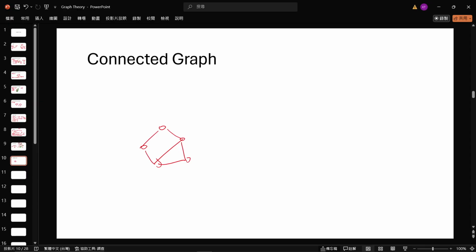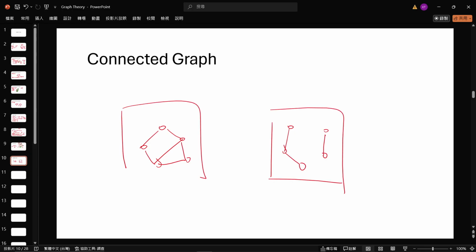For example, is this a connected graph? So this is one graph, and this is one graph. Is it connected? Yes, intuitively yes. And how about this? No. Now the real question is how to define this formally.